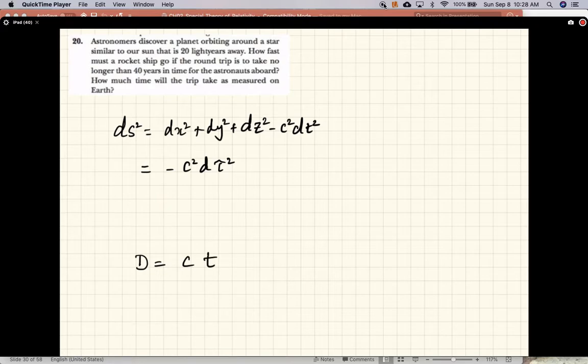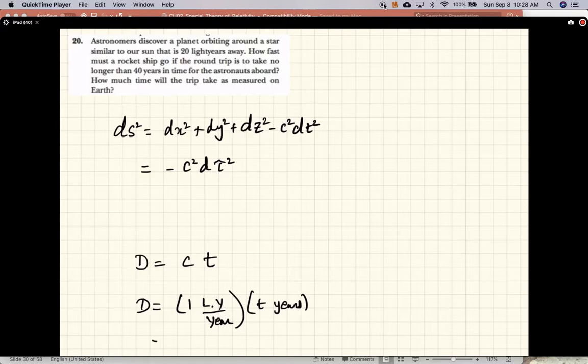The speed of light in these units: light travels 1 light year in a year, so the speed of light will be 1.